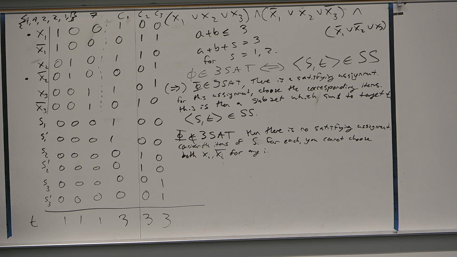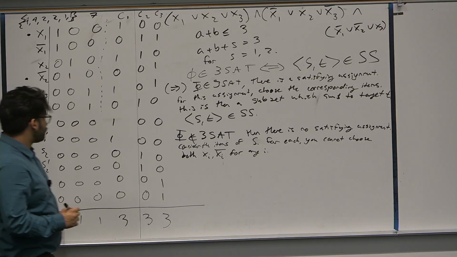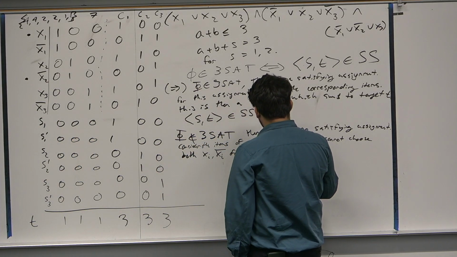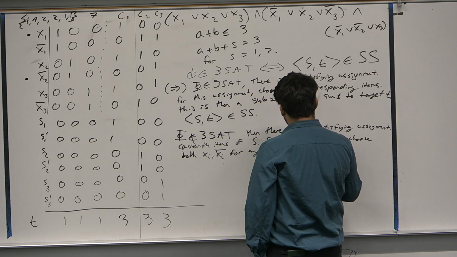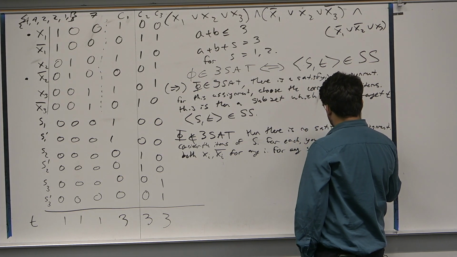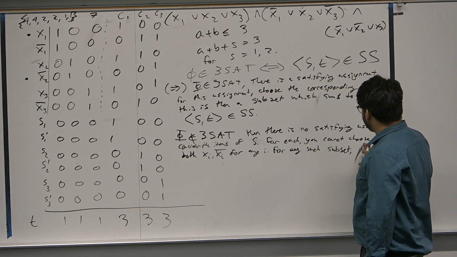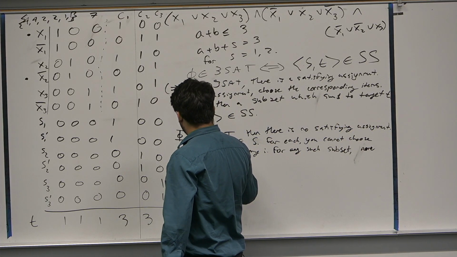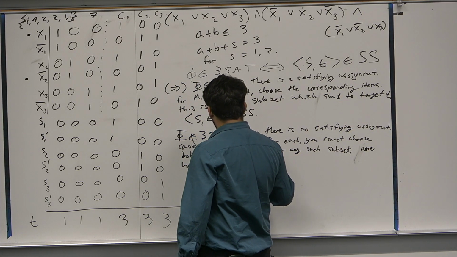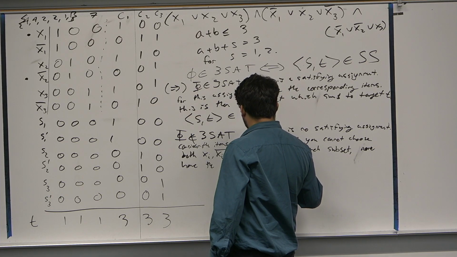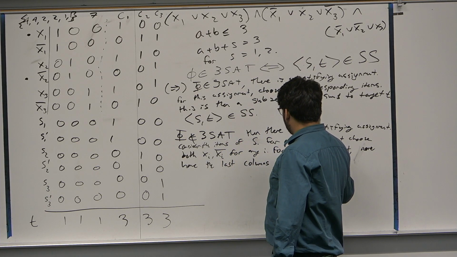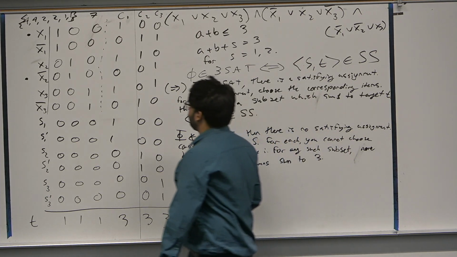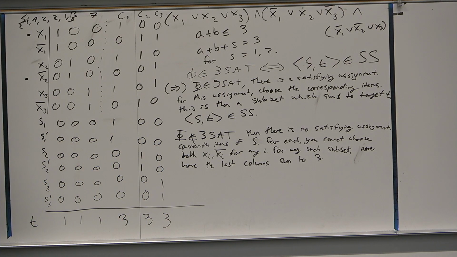And for any such subset, none have the last columns sum to 3, right? Why not?